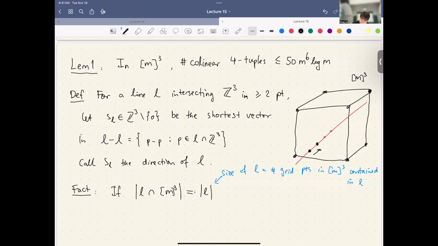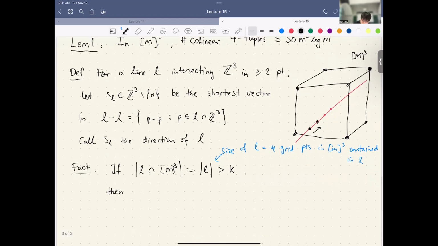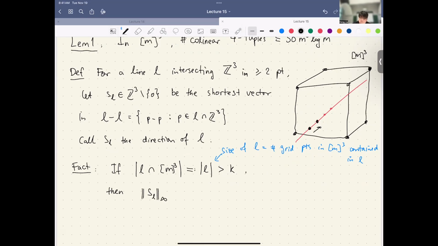This fact is that if the size of L is at least k for some integer k, then if you look at its direction vector, SL, the direction of L, then its infinity norm, meaning its largest coordinate, is at most m over k. Okay, why is this true?